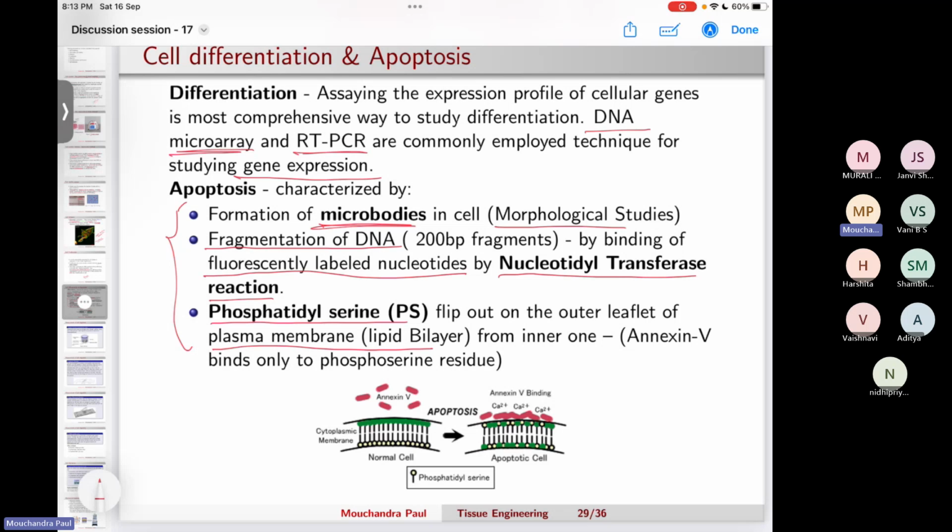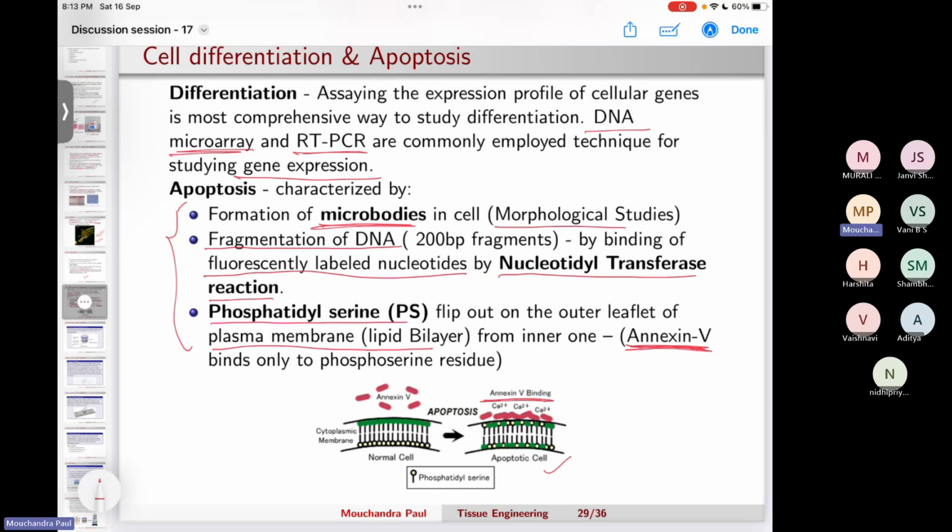When it flips out, a molecule called annexin 5 binds to these phosphatidylserine residues. This event only happens when the cell undergoes apoptosis, correct? So you can check whether annexin 5 is binding or not.